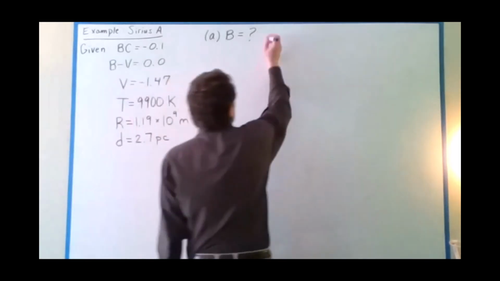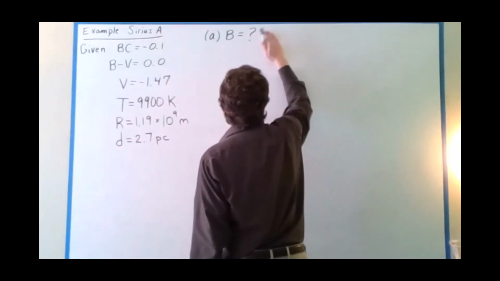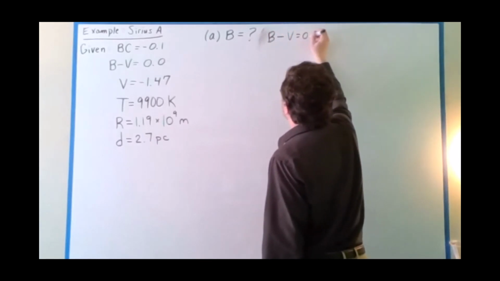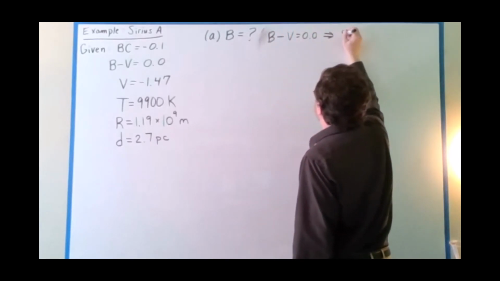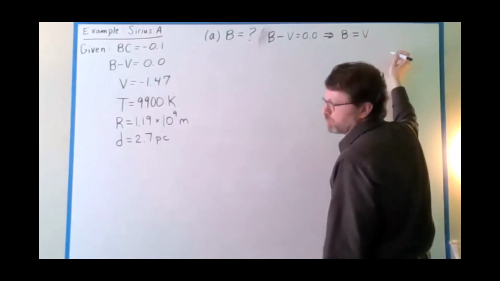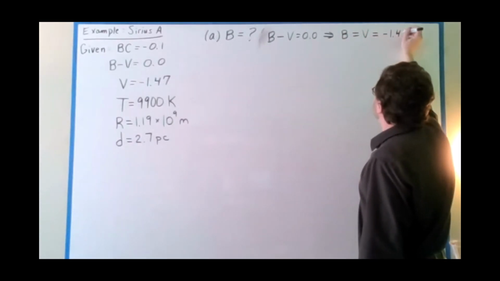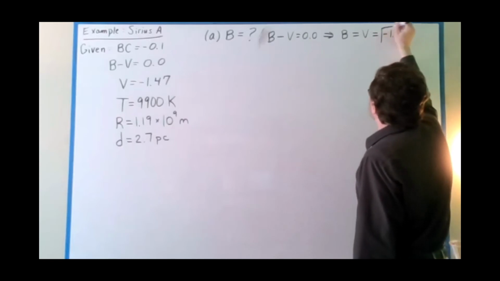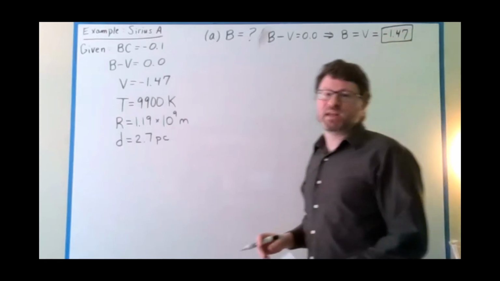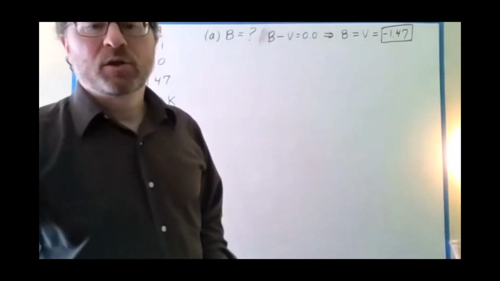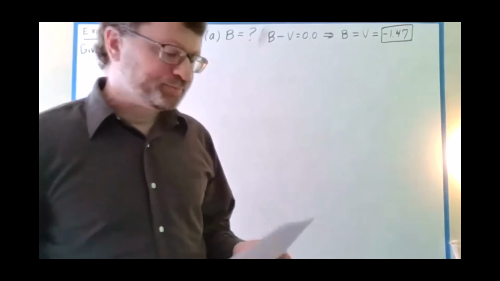In particular, if we add V to both sides of the equation B minus V equals 0, we find that B is equal to V plus 0.0. And V was -1.47. And so, there we go.